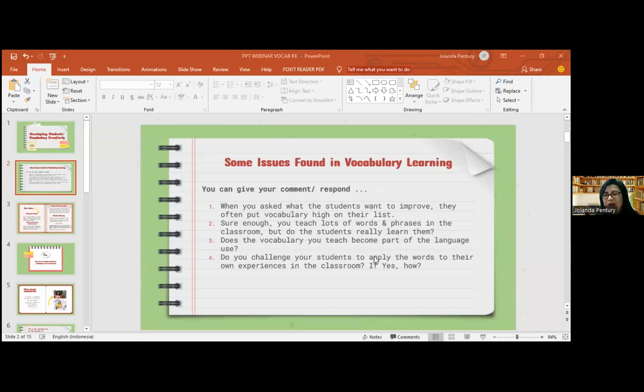Do you have the same problem with me? Okay. Next, number 3. Does the vocabulary you teach become part of the language use? I mean, do they use it in their daily conversation with their friends or with us as the teachers? Do they use the vocabulary that they already got? What do you think?